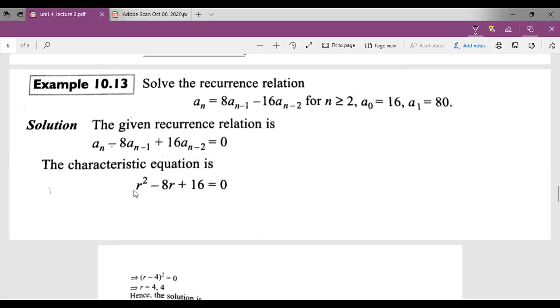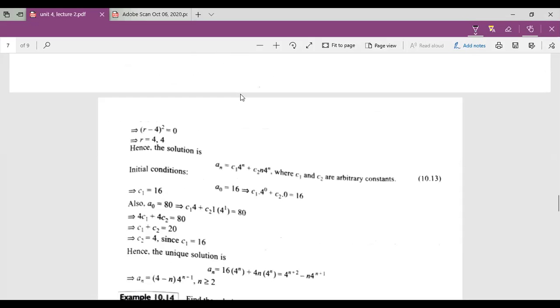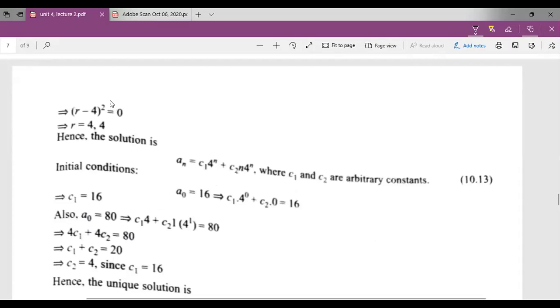Okay. So now we find the roots of this characteristic equation. This is of the form r square minus 2 into 4 into r plus 4 square, so a minus b whole square form. So this equation can be written as r minus 4 whole square is equal to 0. So r is equal to 4, 4.